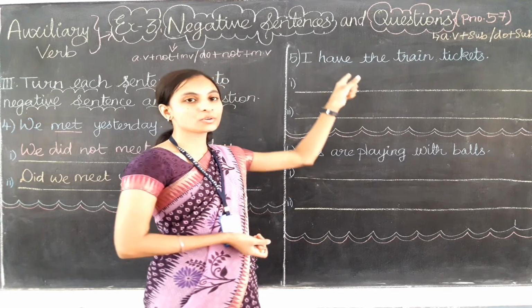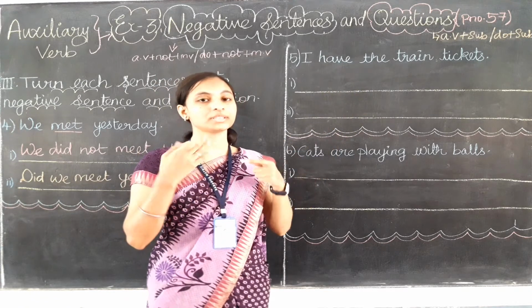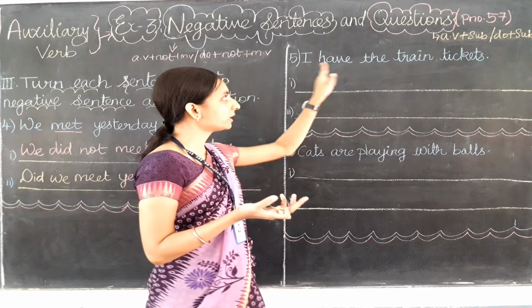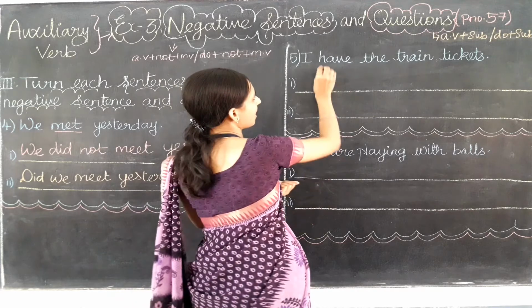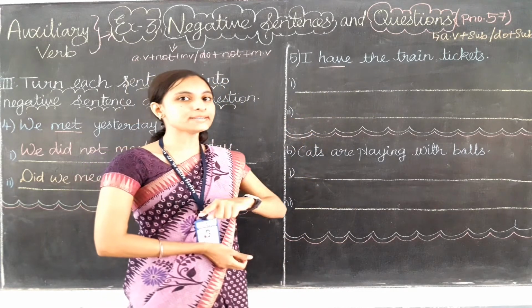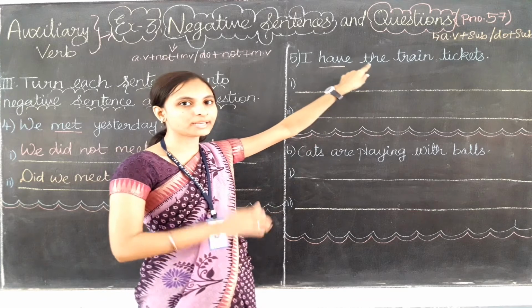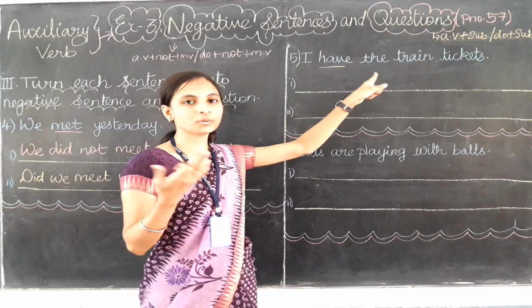First you need to check whether this sentence contains the auxiliary verb with the main verb or not. So here, can you find the auxiliary verb? Yes, that is have. But can you find the main verb? Because an auxiliary verb always comes with the main verb. Can you find any other action verb here? No, there is no other main verb.